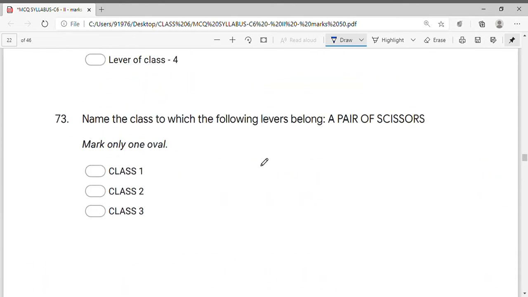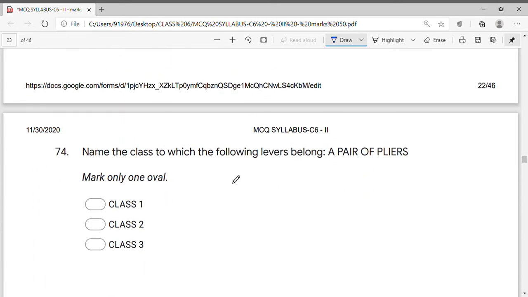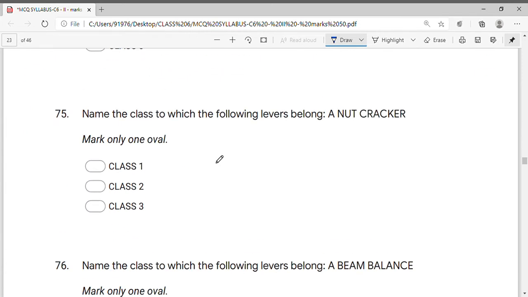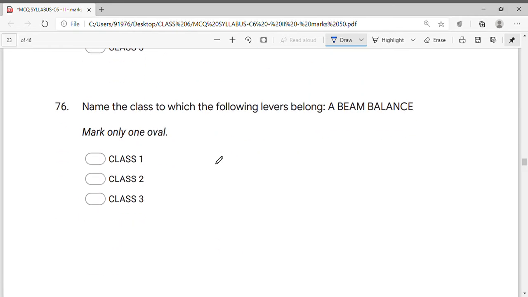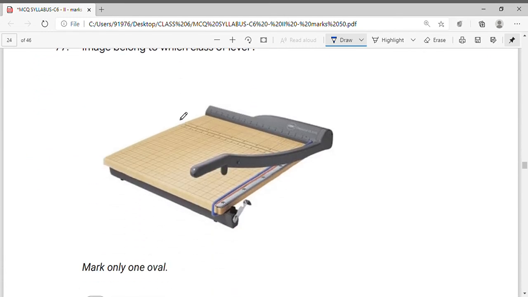Which class? A pair of scissors is a class 1 lever, as the fulcrum is in between load and effort. A pair of pliers, again class 1 lever. Nutcracker, class 2 lever. Beam balance, class 1 lever. Over here a paper cutter: here is your effort, this is the load where the paper is cut, and this is the fulcrum.